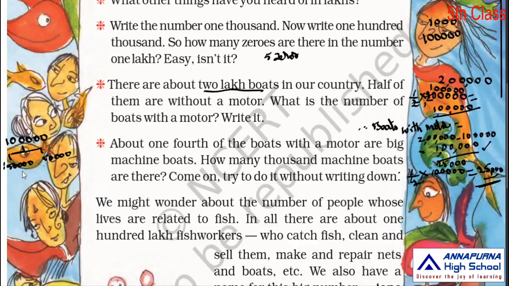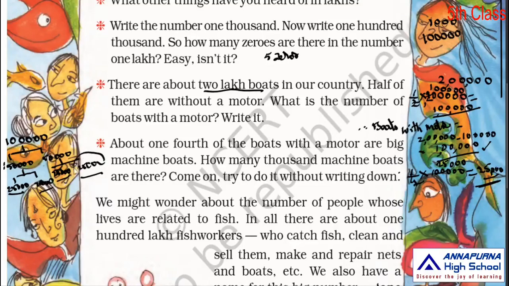Suppose we split each into 2 parts again. So in 50,000, 25,000 plus 25,000, and here also 50,000, 25,000 plus 25,000. That means in 1 lakh, how many 25,000s are there? 1, 2, 3, 4.